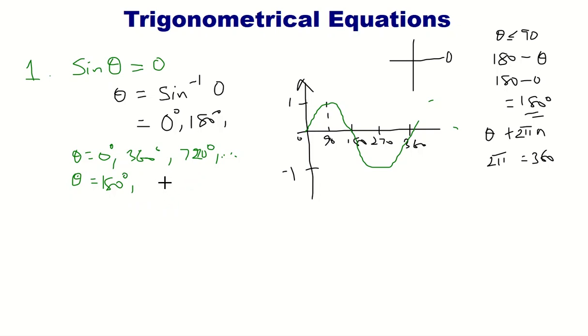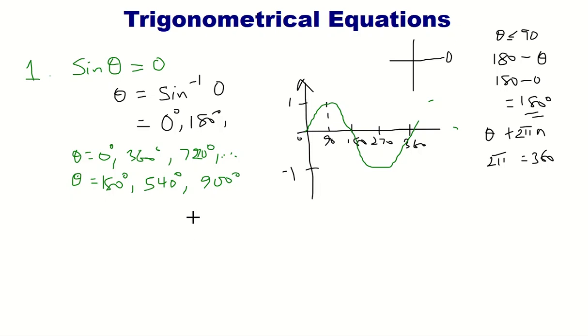So 180 plus 360, we get 540 degrees. On 540, we add 360, we get 900 degrees.